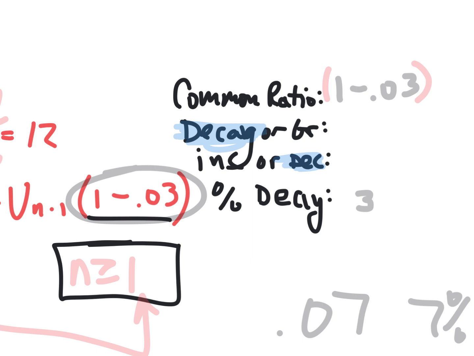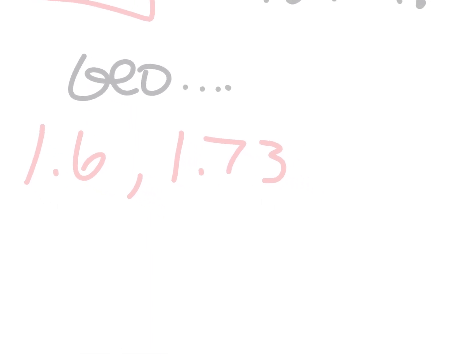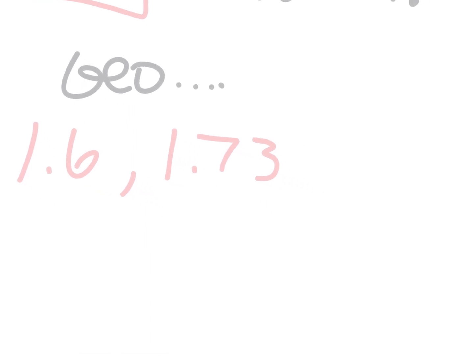All right, here's one that stumps a lot of people. 1.6, 1.73, and I'm telling you they didn't add. This one is geometric. If that's true, then what's the common ratio? And what's the equation for this?